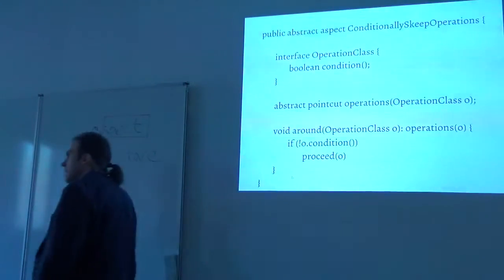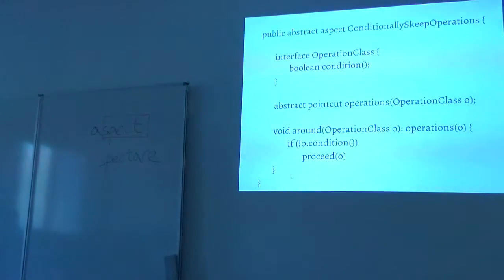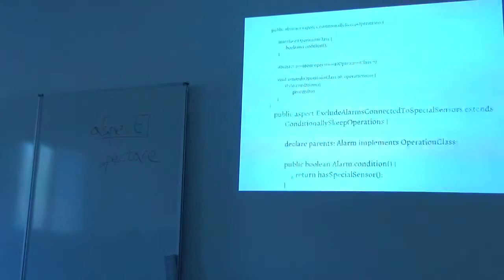These are two abstract parts there. And it could look like this for our alarms. So we just use this declare parents construct in order to enforce implementation of interfaces.